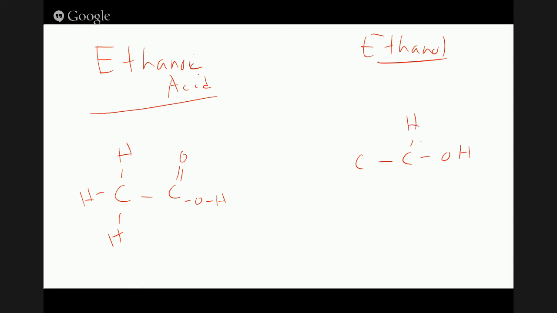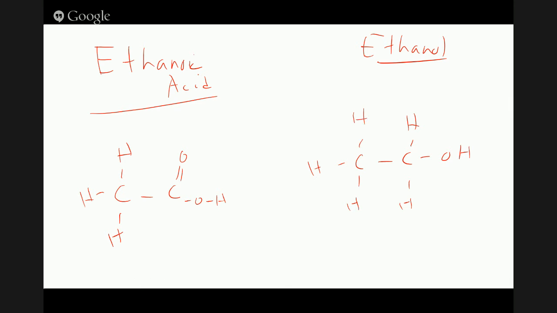So this is an OH. This is ethanol. Oops, sorry. There we go. So the question was, ethanol and ethanoic acid can be distinguished by their melting points. State and explain which of the two compounds will have a higher melting point.